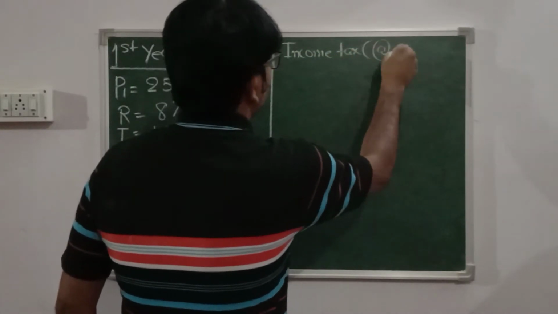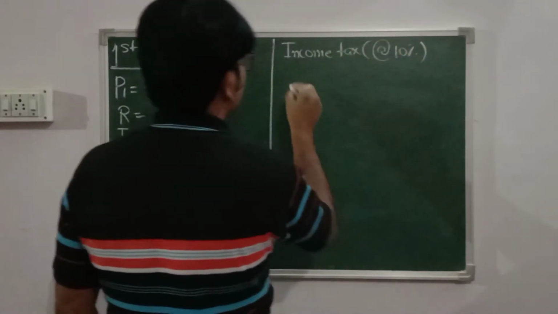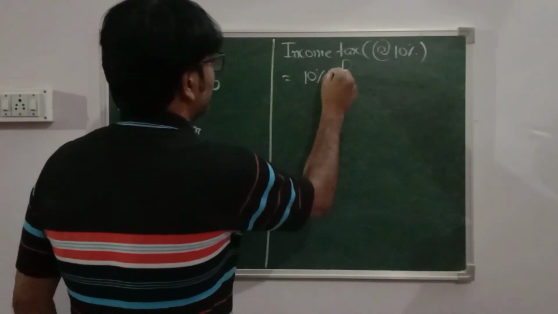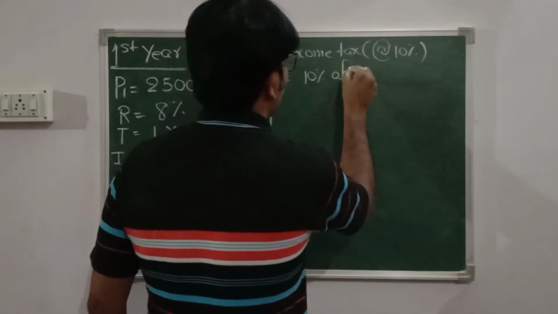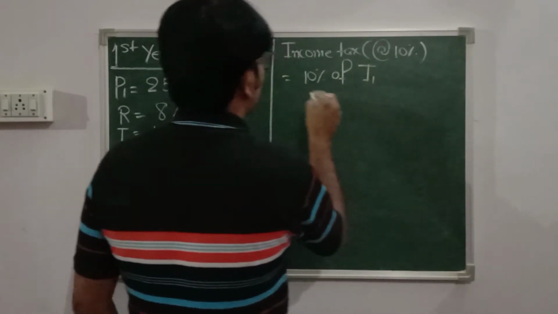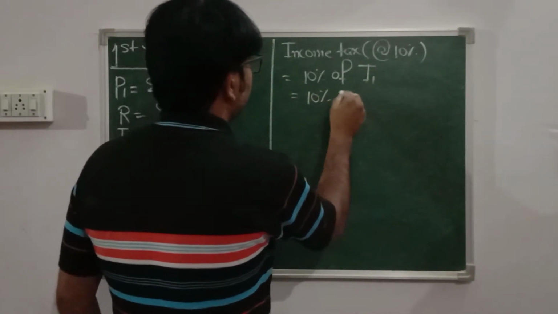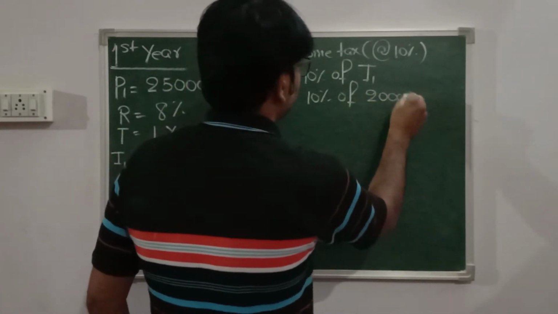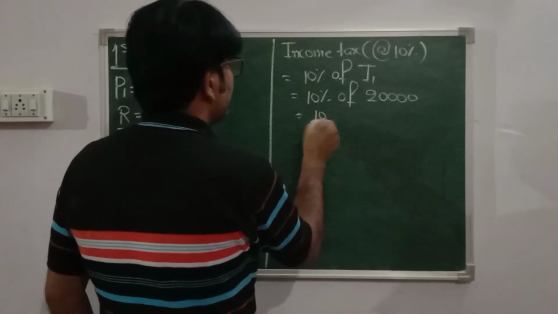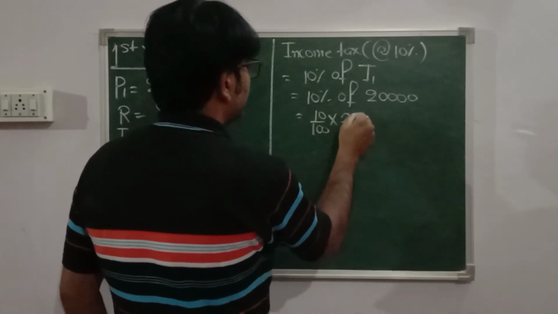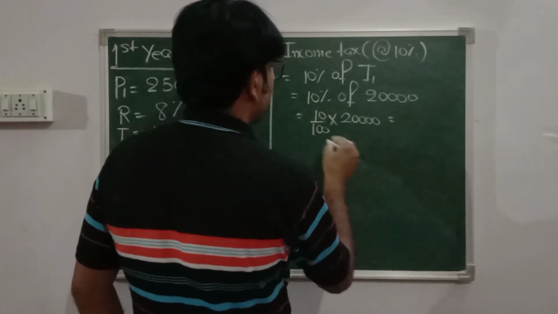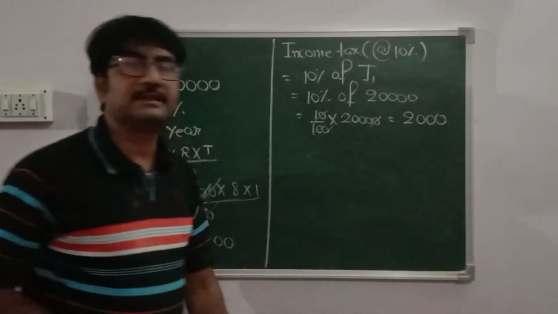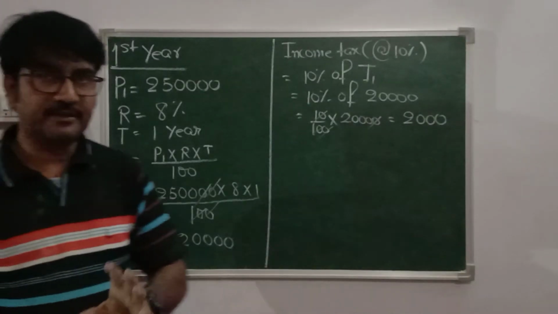It is given at the rate of 10%, equals 10% of I1, that is 10% of 20,000, that is 10 by 100 into 20,000, so you got 2,000. So 2,000 is the amount of tax being deducted.